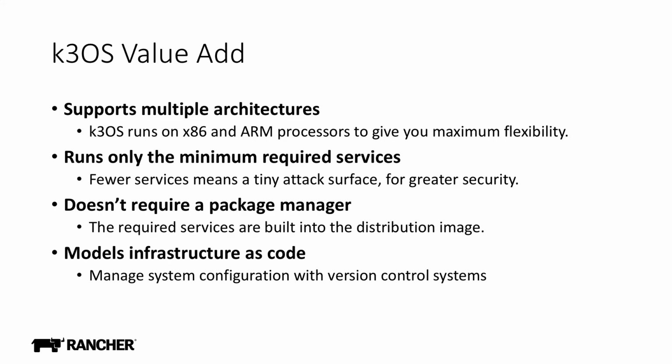So what do I get by using it? It supports multiple architectures, just like K3s does, on x86 and on ARM. It only runs the minimum required services, so it's a smaller attack surface, greater security.